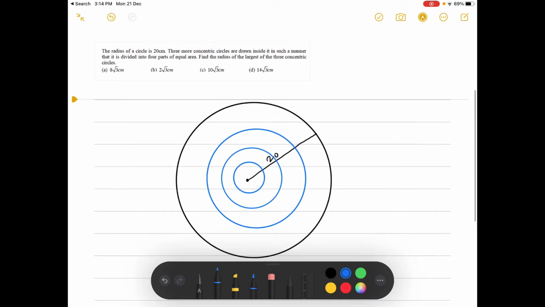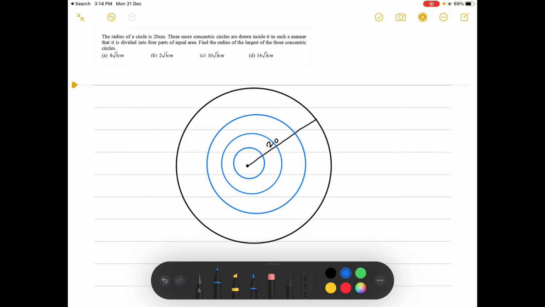So this question means that these concentric circles, so first of all let's see what concentric circles basically are. When we talk about concentric circles, these are circles whose center point is the same. For this circle, this is the center point, and for this it is the center point, and for this as well, this is the center point.